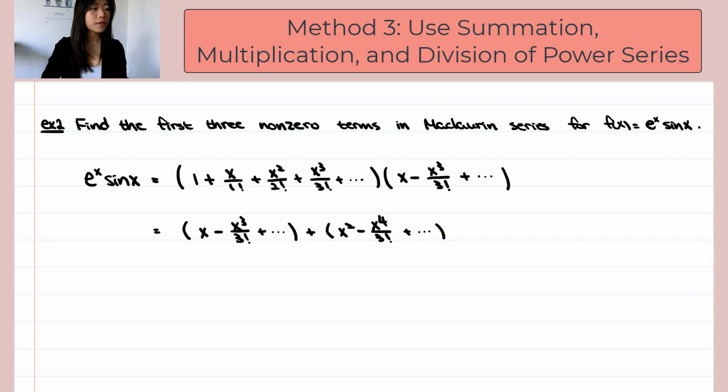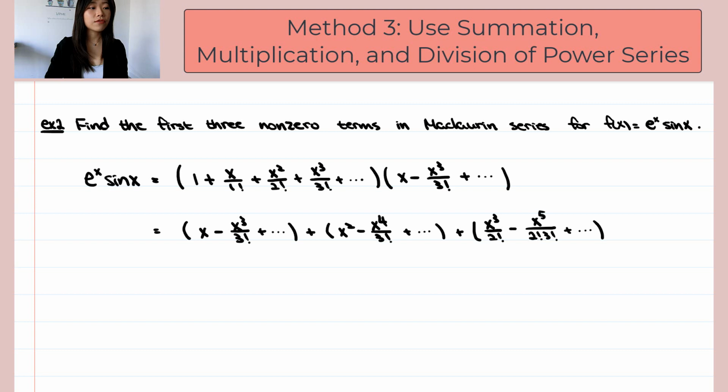And the third term from e to the power of x is x squared divided by 2 factorial. So we multiply that to the series for sine of x, and we get x cubed divided by 2 factorial, then minus x to the power of 5 divided by 2 factorial times 3 factorial, and the other terms.